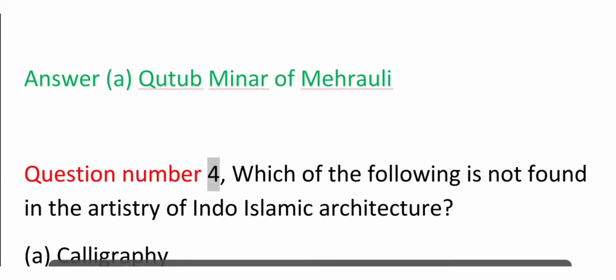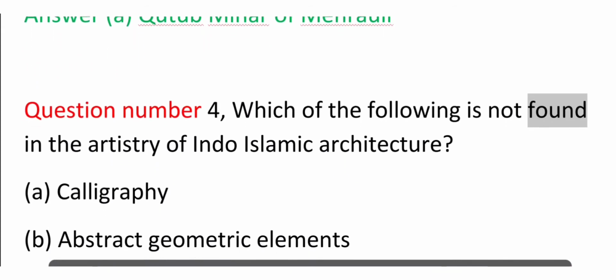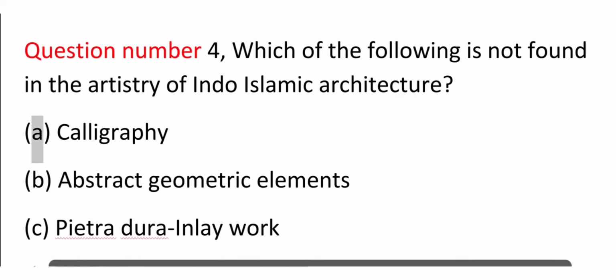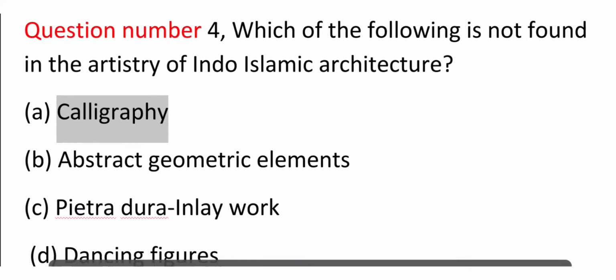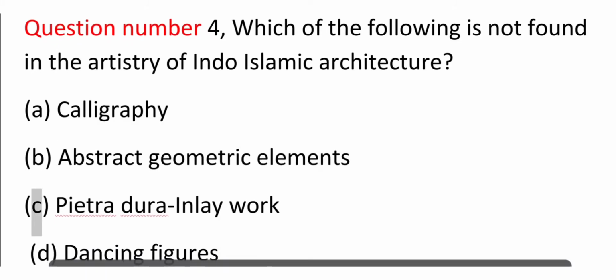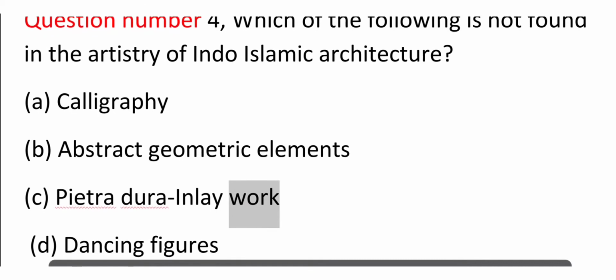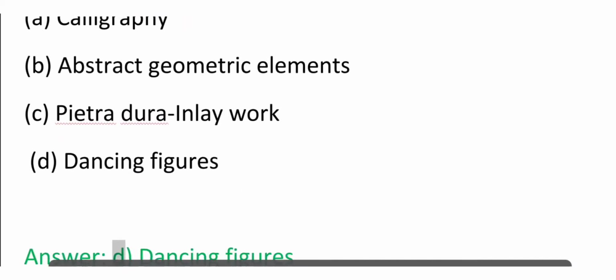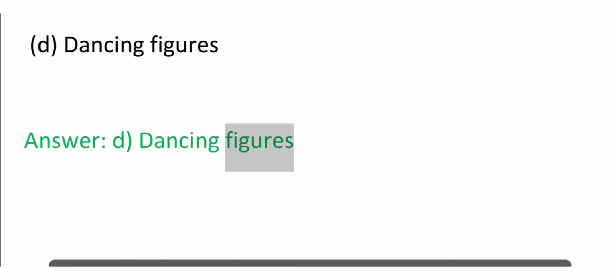Question number 4. Which of the following is not found in the artistry of Indo-Islamic architecture? A. Calligraphy. B. Abstract geometric elements. C. Pietra dura work. D. Dancing figures. Answer D. Dancing figures.